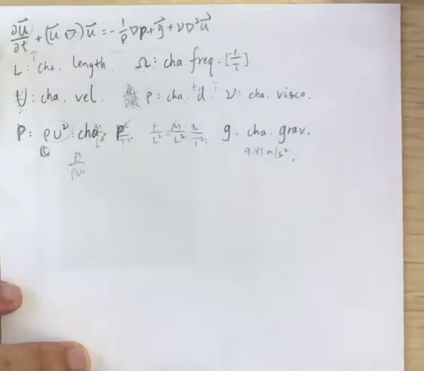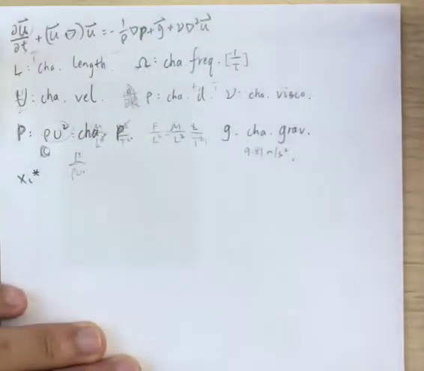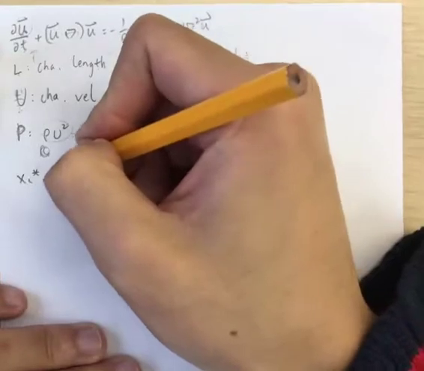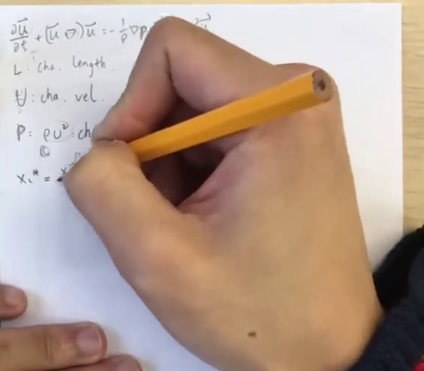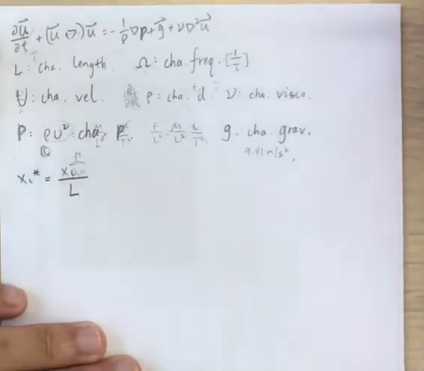So now we can define the non-dimensional variables. Xi star, all the non-dimensional variables, I will write a star next to it. Okay, xi star is just equal to xi over L, right?